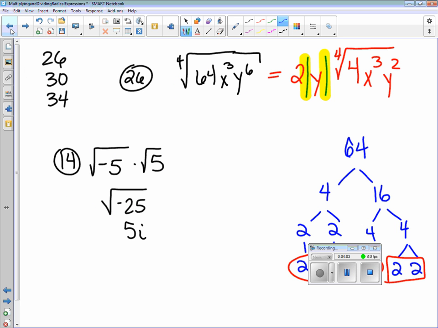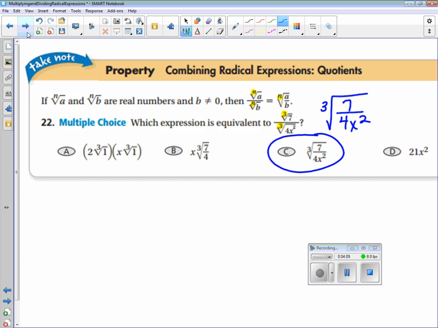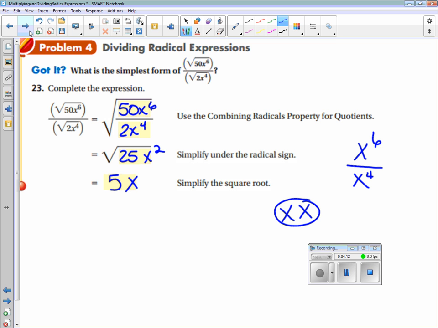We have an even index and an odd power. Let's see if that's the same case here. I have an even index, 2 is even, and I have an odd power. So don't I have to do this? I do.